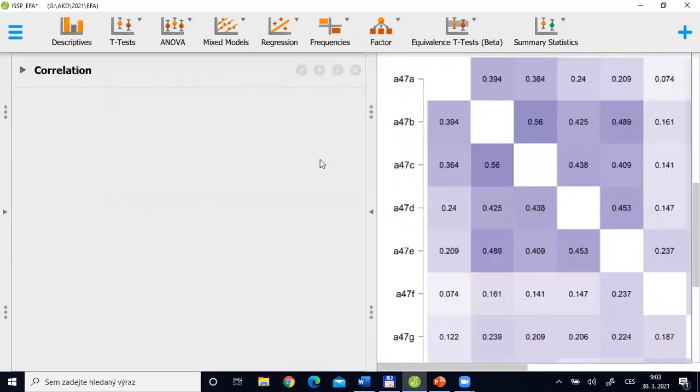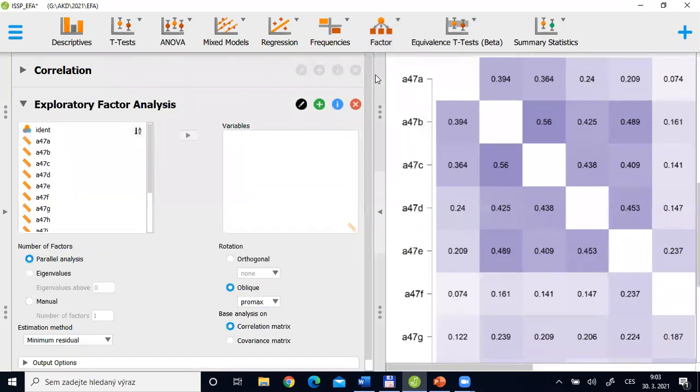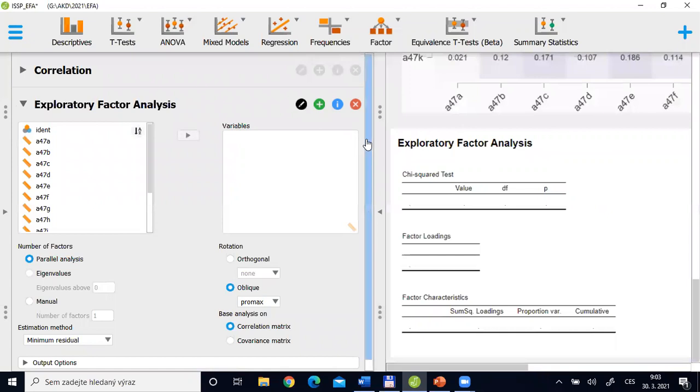So I would go into factor analysis and into the exploratory factor analysis option. First of all, there are quite a lot of options here. If you compare this dialog to the dialog in SPSS, they are quite different.